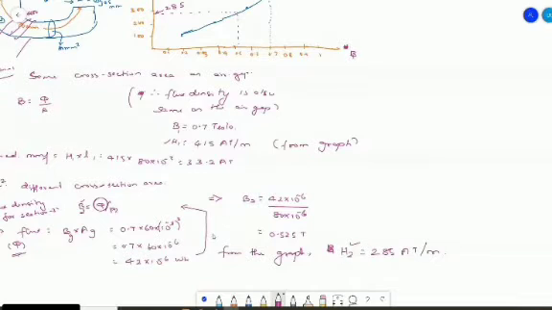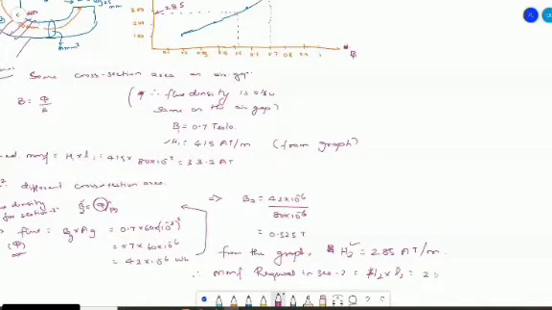Okay, so now H2 is known and L2 is also known to us, because here it is given to be 70 mm. Now we can find the MMF required in this section. So the MMF required in section 2 is H2 into L2.